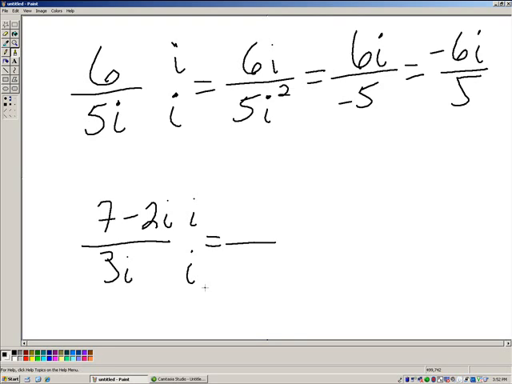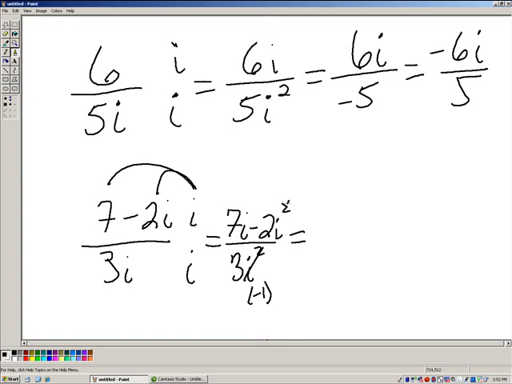and that's going to give us a 3i squared in the denominator. The numerator needs to be distributed, so we'll get 7i minus 2i squared. i squareds are -1s, so this is a -1, and this is a -1. So that's going to give us a 7i plus 2 over a -3.